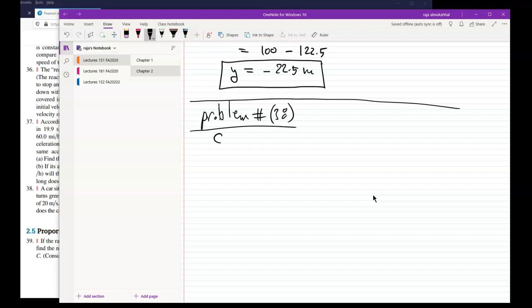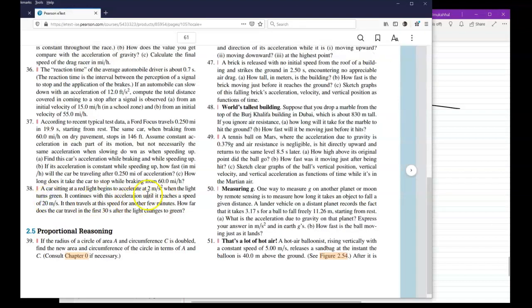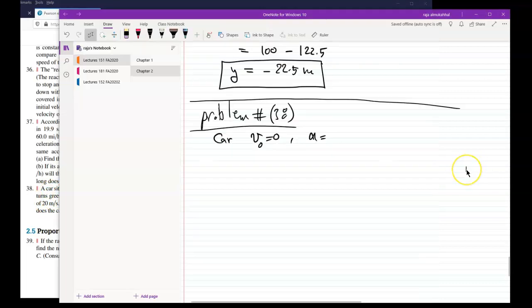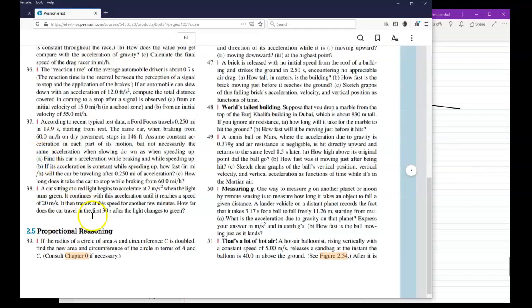So we have a car, initial velocity is 0, and acceleration is 2 meters per second squared. I like to write down everything as I read the problem. It helped me solve it.